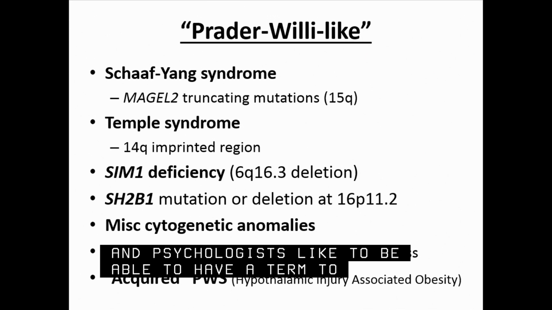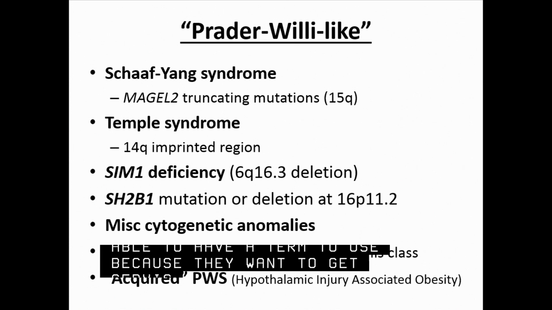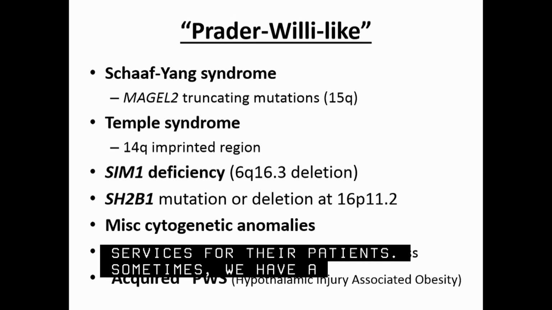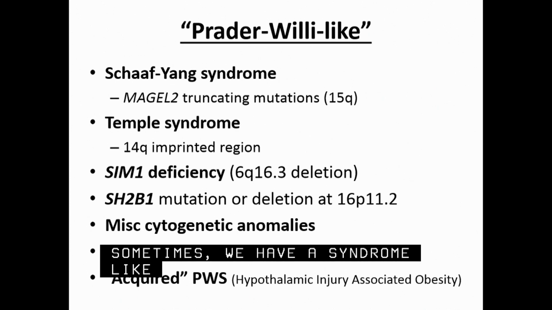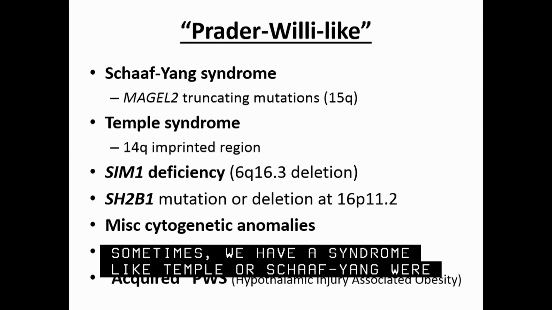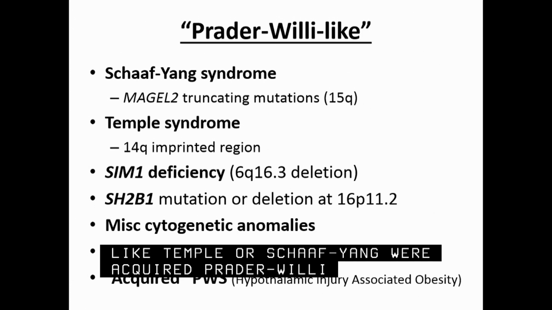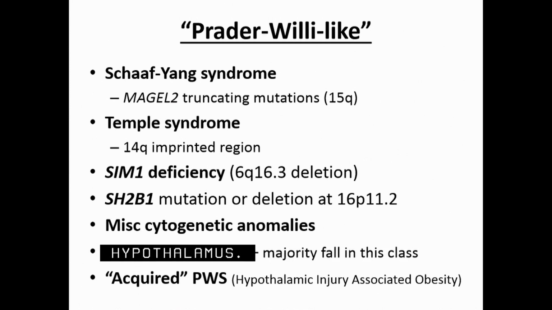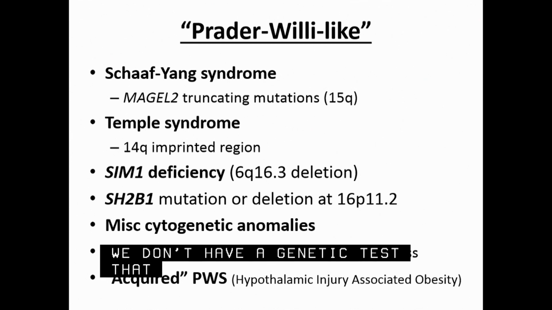And sometimes we have a syndrome like Schaaf-Yang or Temple or SIM1 or a deletion on chromosome 16, and sometimes what's called an acquired Prader-Willi syndrome where there's a damage to the hypothalamus and then they become very Prader-Willi-like. But most of the time we don't have a syndrome, a name, a genetic test that proves a particular condition. But these patients still need services.